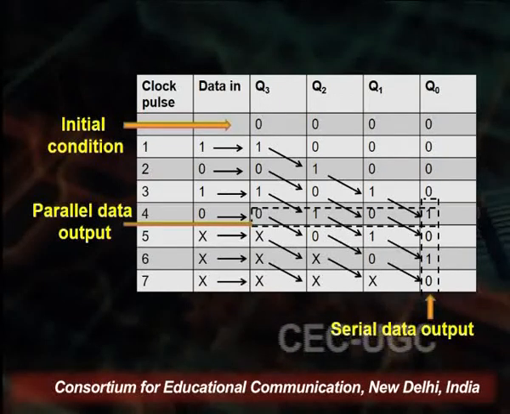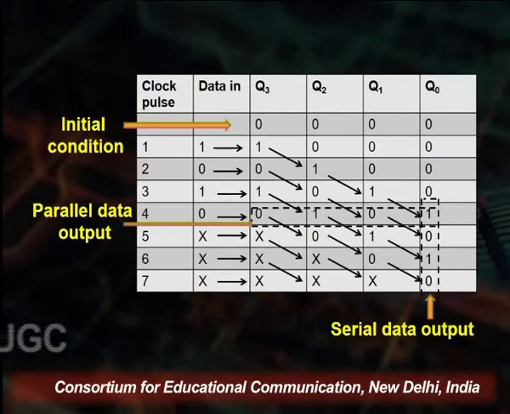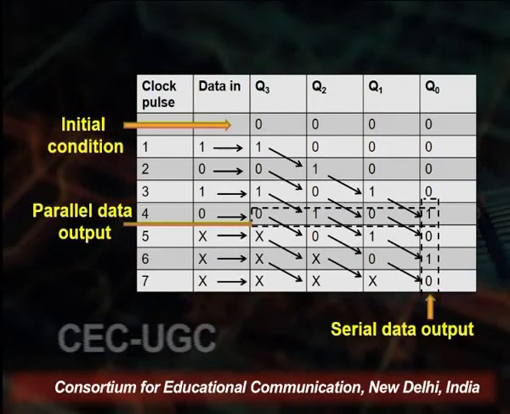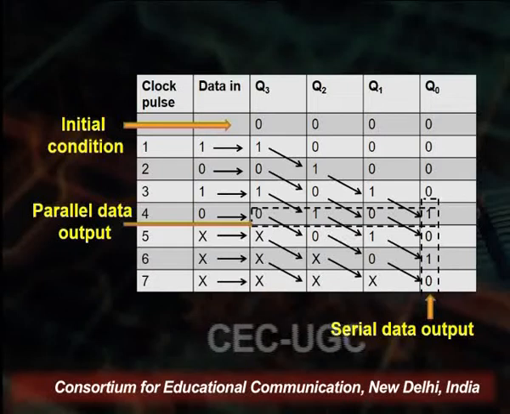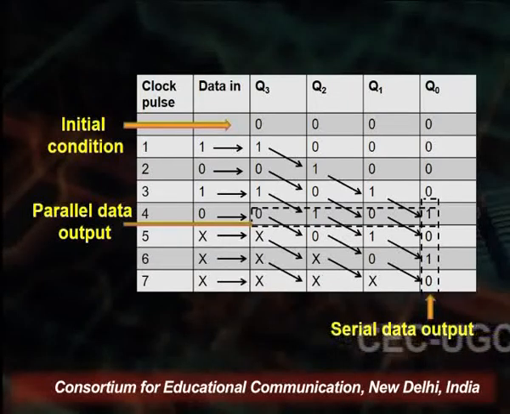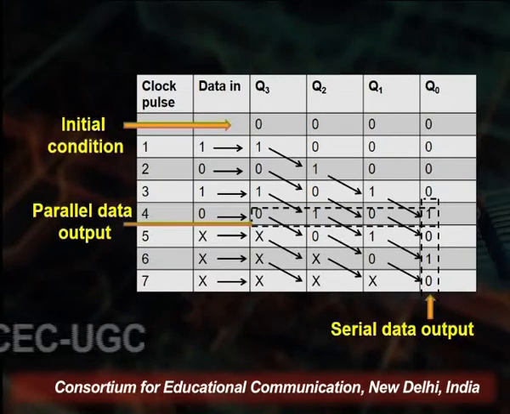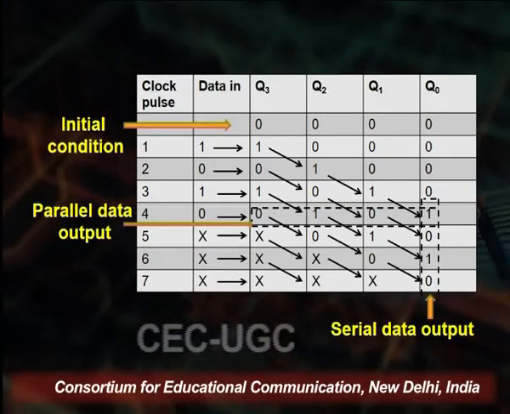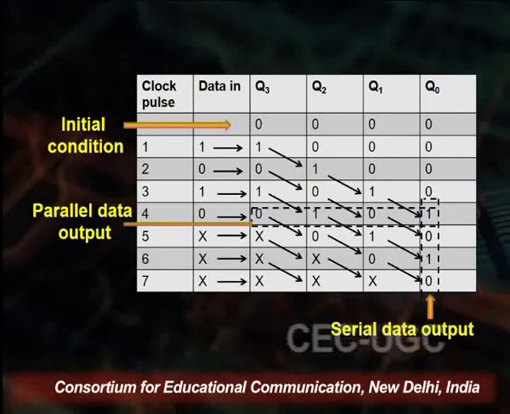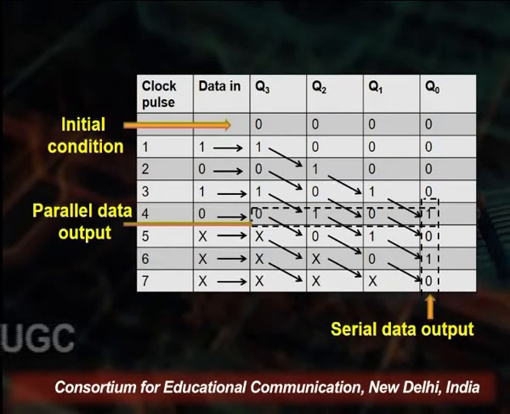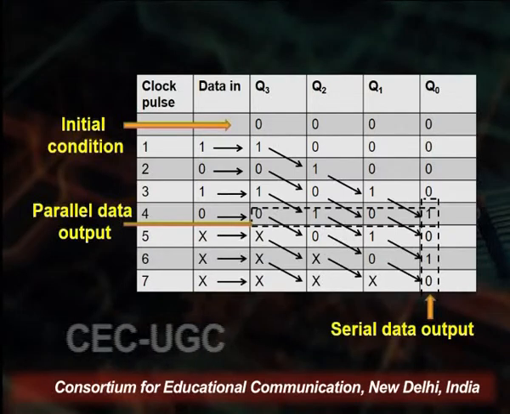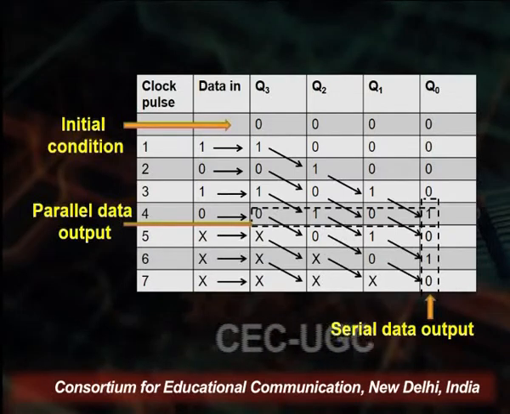This simply means that the SISO configuration would be cheaper, would consume less electricity, and would be easier to fabricate compared to SIPO. But when we require faster access, we would need SIPO compared to SISO. It would be easier to design a SISO, but faster processing would require SIPO.